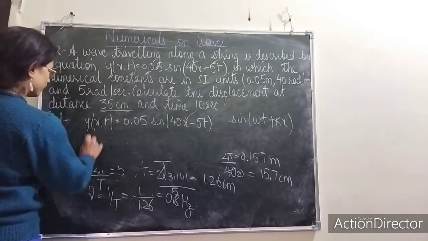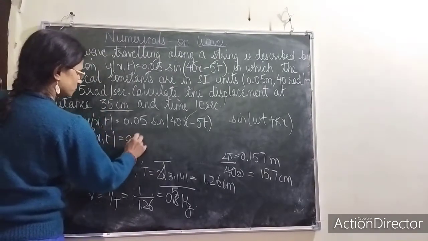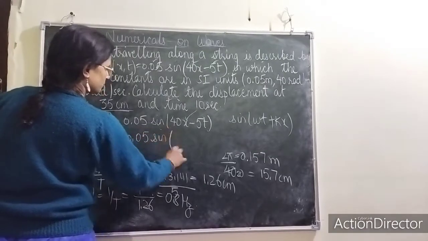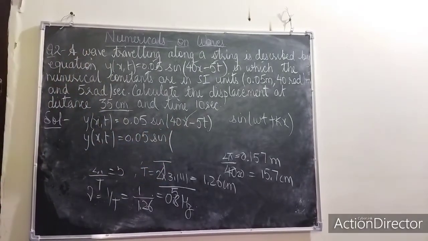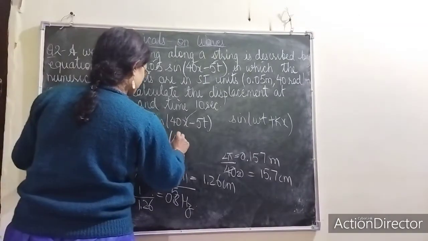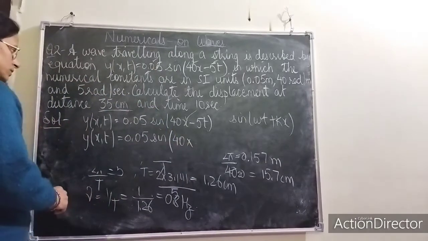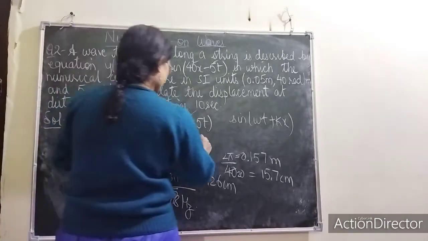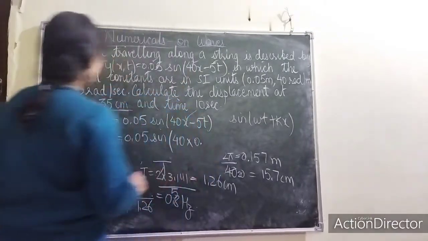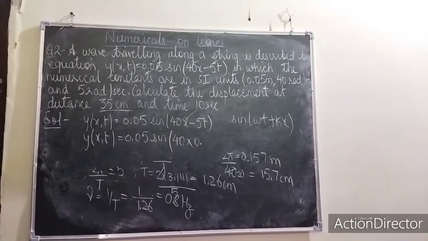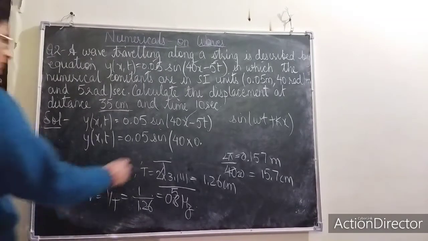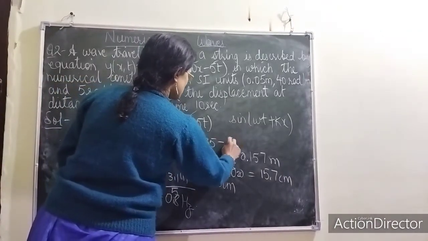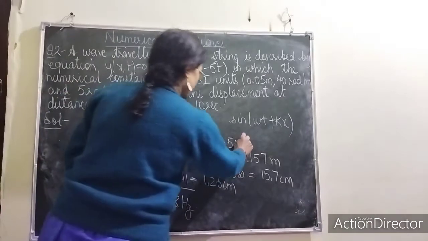Now here y of x, t is equal to 0.05 sine of 40 into, now here 35 centimeter, when we write it in meters, we get 0.35, minus 5 into t, which is 10.